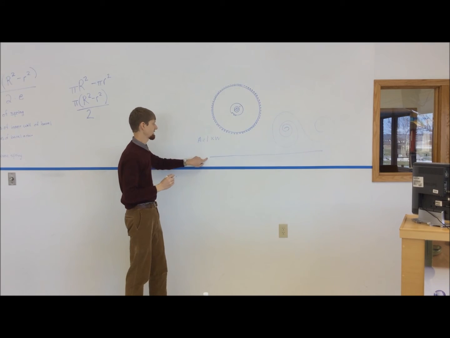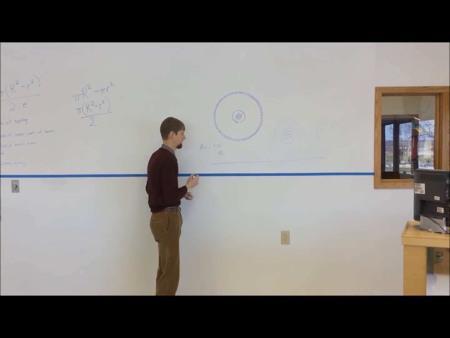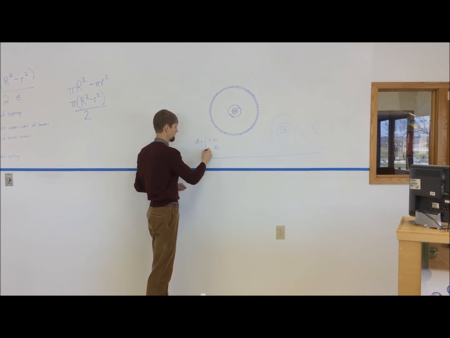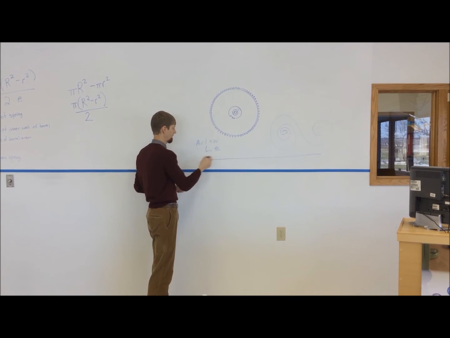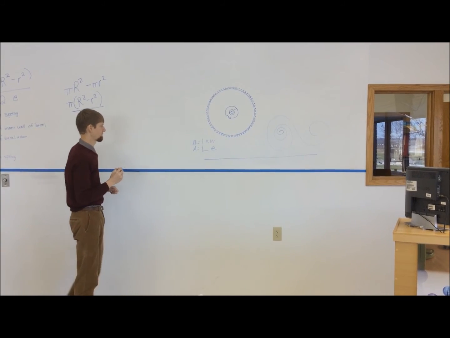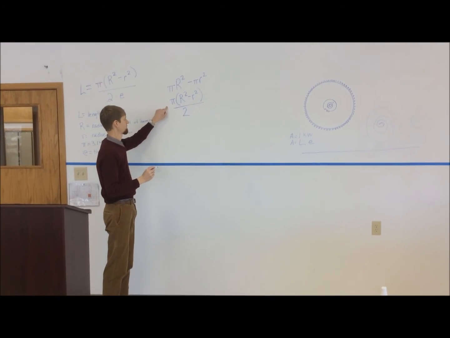In the case of our spring, the width is the thickness of the spring. The length is what we're trying to figure out. So the area of that is length times the thickness of the spring. And the area we want it to occupy is this number right here.